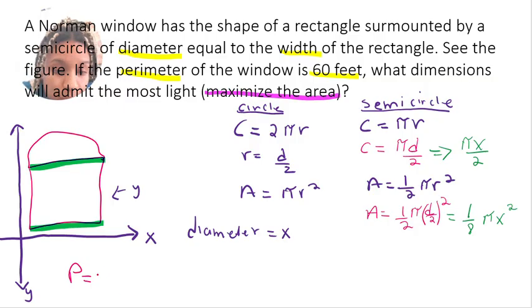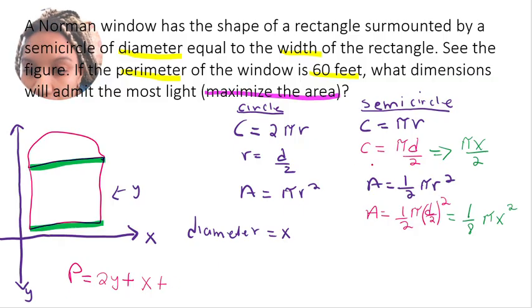So what we are going to do is 2 times the y plus, okay, I have my width right here, so this is going to be my x plus whatever the semicircle is. Now, remember, this is the diameter of the semicircle.